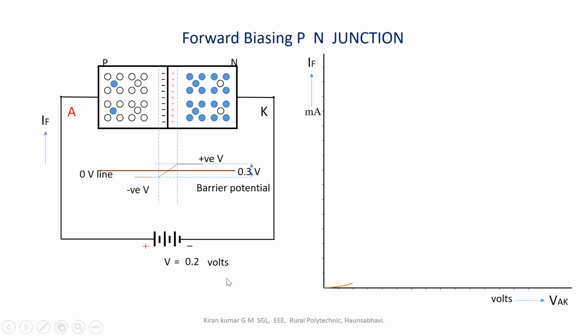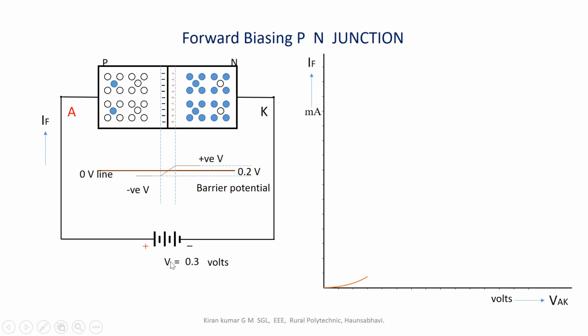Again, when the applied voltage is still increased, say to 0.3 volts, the barrier potential collapses to a lower value, say to the 0.2 volts level.